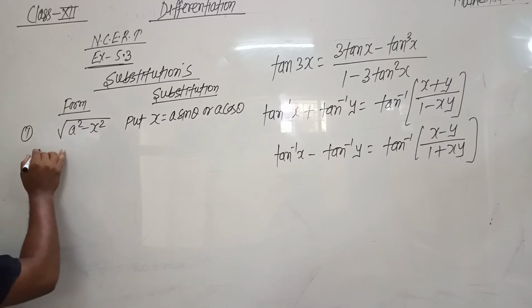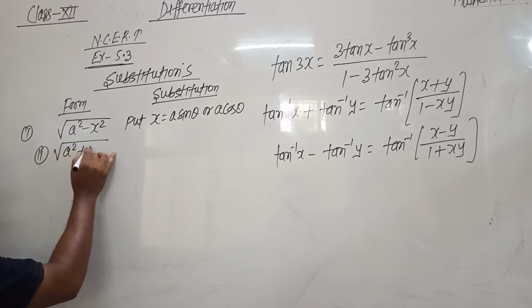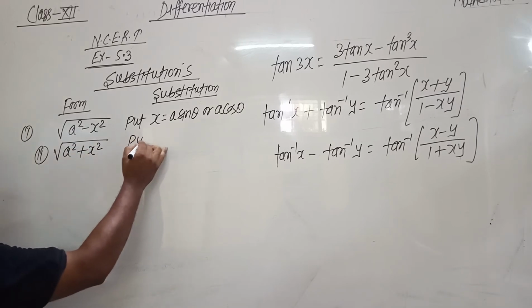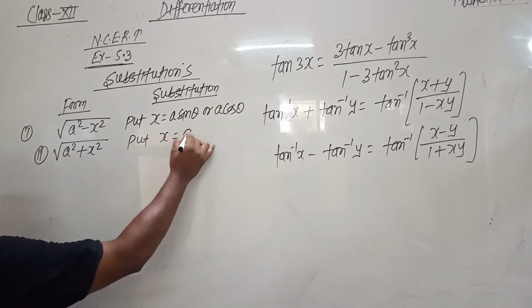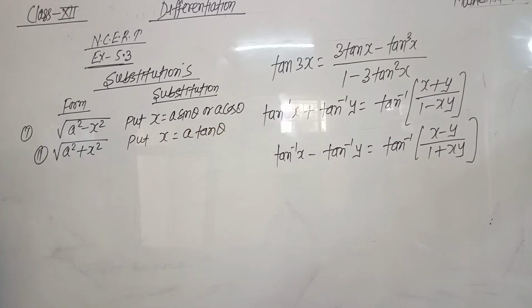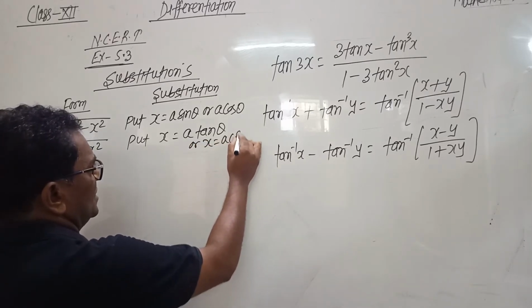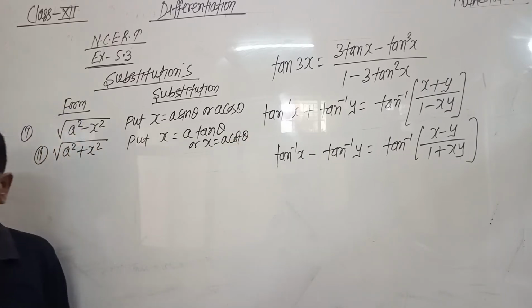If there is a form like under root of a square plus x square, then we put x equals a tan theta or x equals a cot theta.